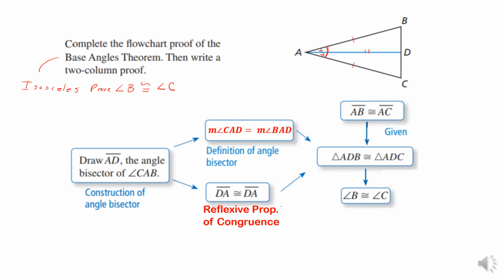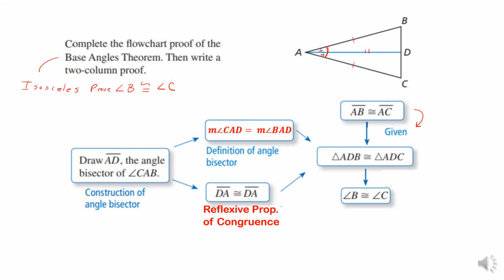Then we have our other given, which our diagram showed us, that AB is equal to AC. If it's on the diagram, it is a given. And now put all those things together, and we've proved that triangle ADB is congruent to triangle ADC. Make very sure that you're putting things in the same order.